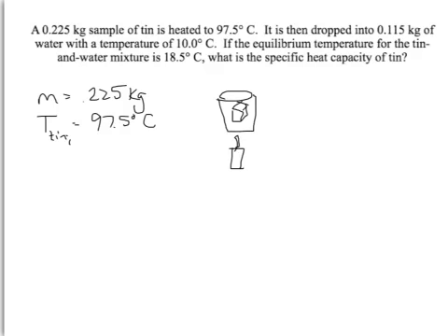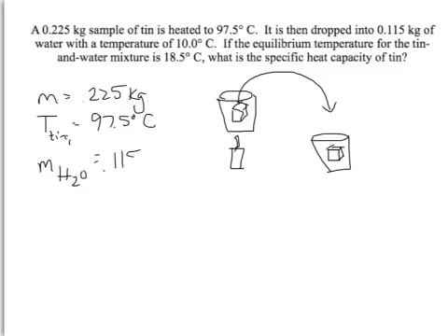Okay, then we took that tin and we transferred it out of the hot water and put it into the styrofoam cup of cold water. And so the heat from the tin that we had just heated should transfer to this cold water. This mass is 0.115 kilograms, and it starts with an initial temperature of 10.